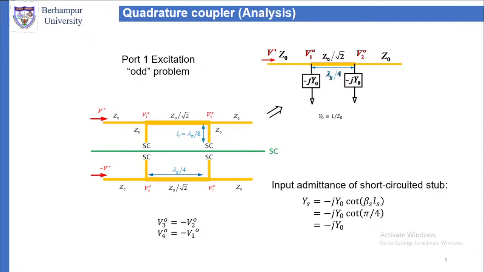Input is V plus. At port 1 it is V1 odd, and at port 2 it is V2 odd. We have to find out what V1 odd and V2 odd are. Then we can easily find V3 odd and V4 odd. So now we are equipped to do the analysis for the even mode and the odd mode.